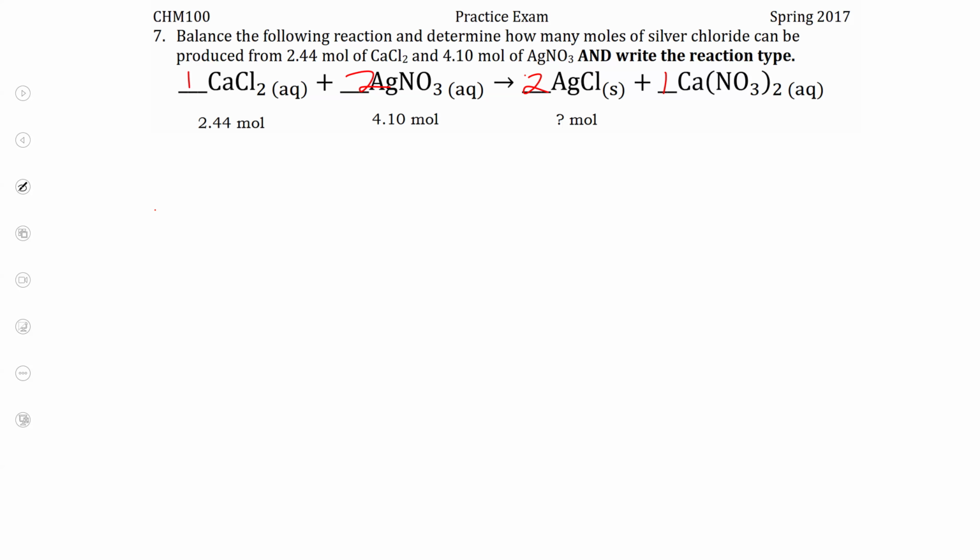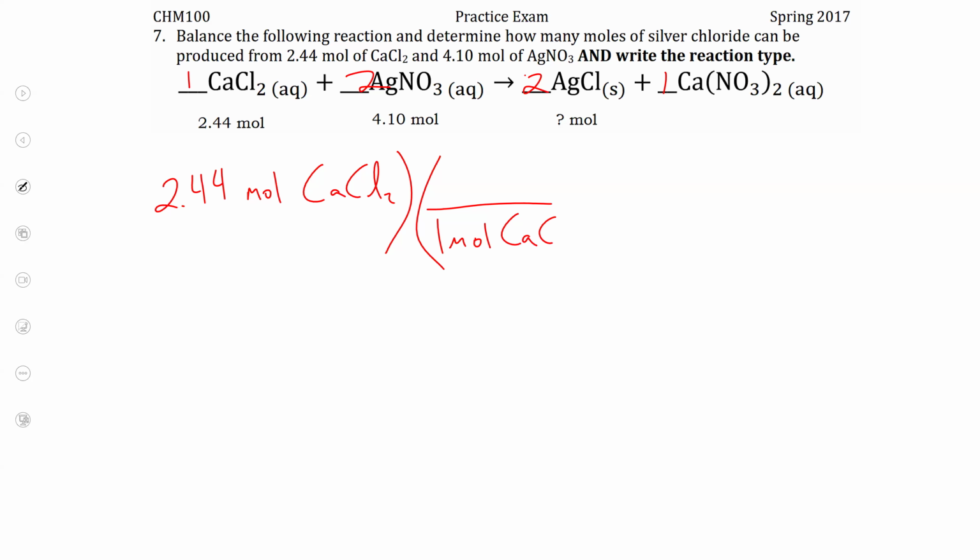So if we know we have 2.44 moles calcium chloride and 1 mole calcium chloride makes 2 moles silver chloride.